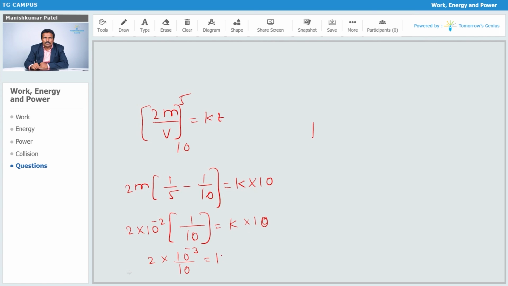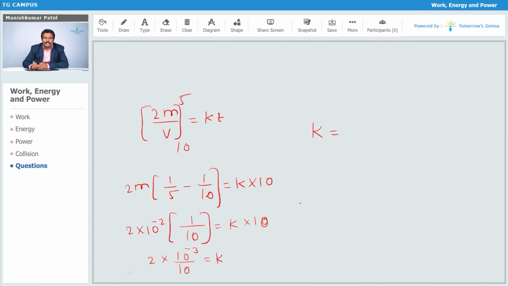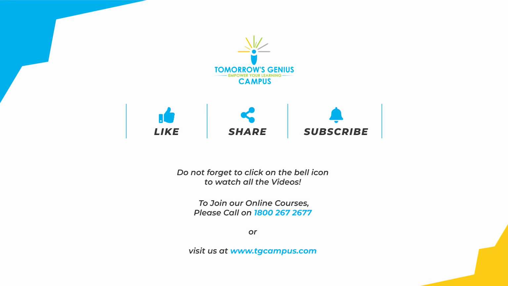So see, this is how we did the integration, separating the variables and taking the result for the same. Finally we get k equals 2 into 10 to the power minus 4, that is the value of k for this particular case.